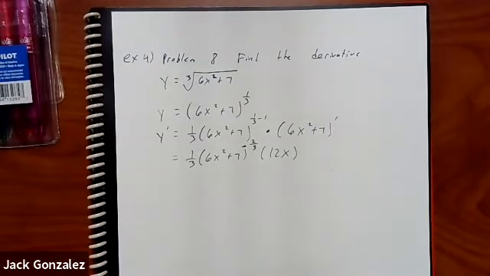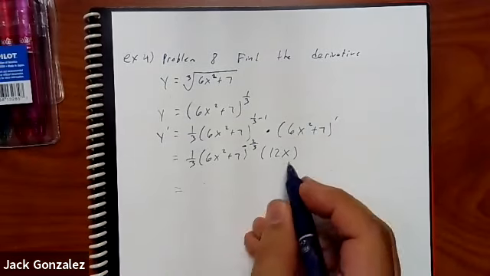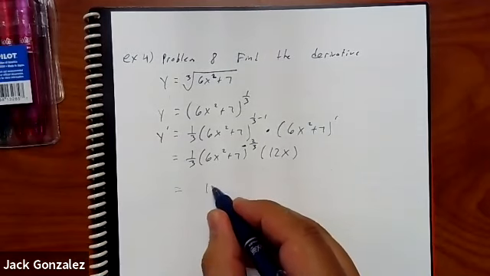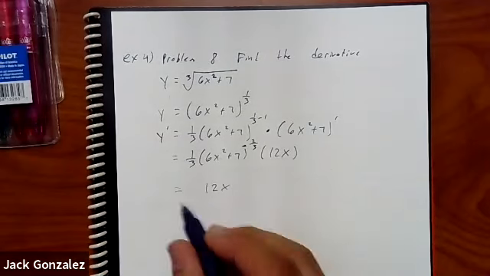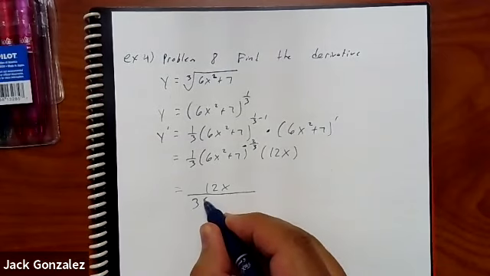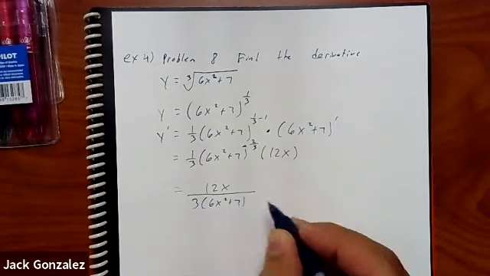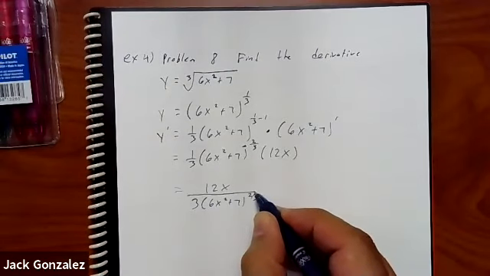Okay. So at this point, we're just going to do some algebra to make it pretty. So we got 12x on top. I'm going to bring this down to the bottom because it has a negative power on it: 6x squared plus 7 to the 2/3.